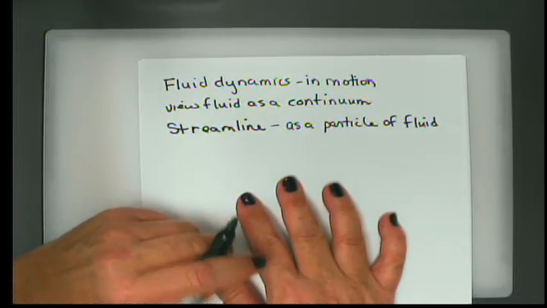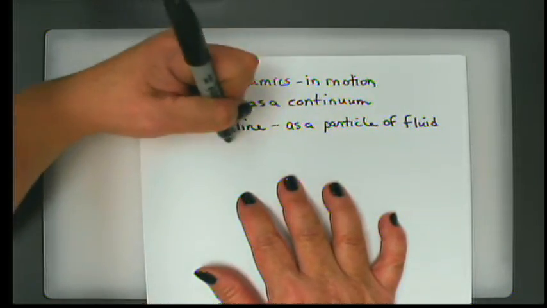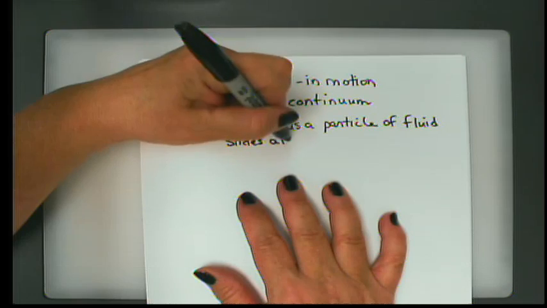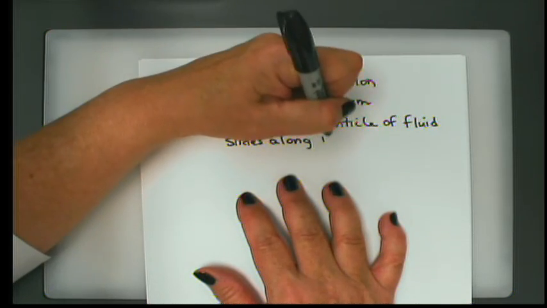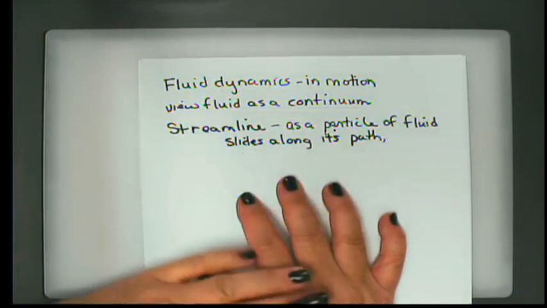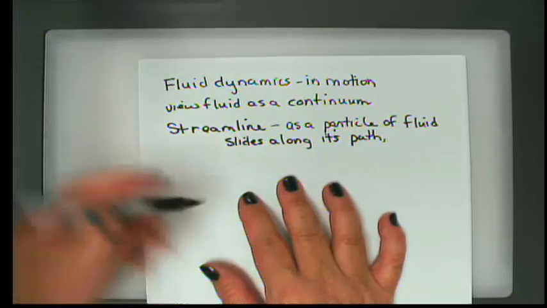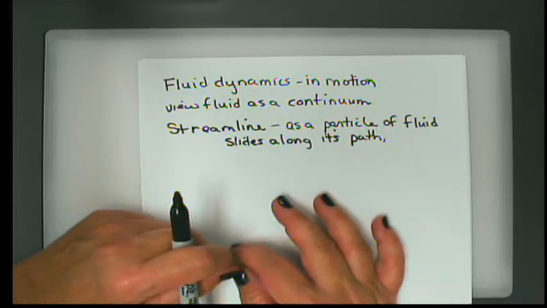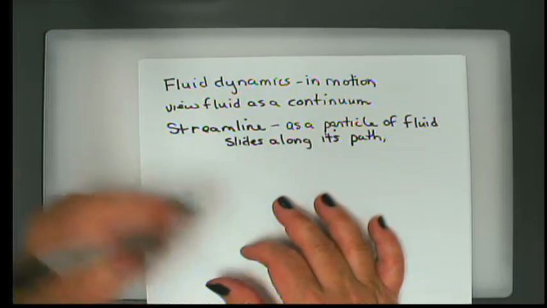As each particle slides along its path, the velocity vector is everywhere tangent, and the lines that are tangent to the velocity vectors are streamlines.